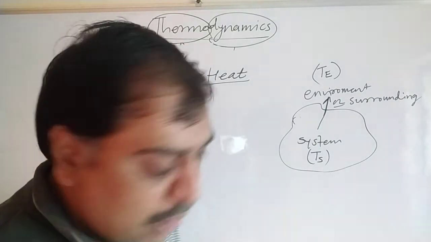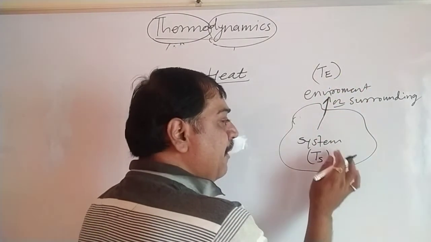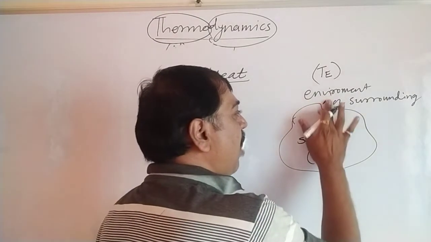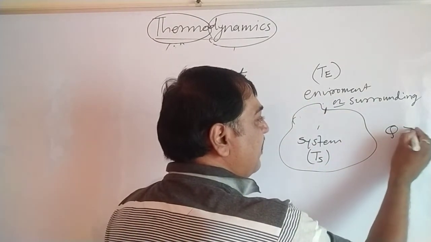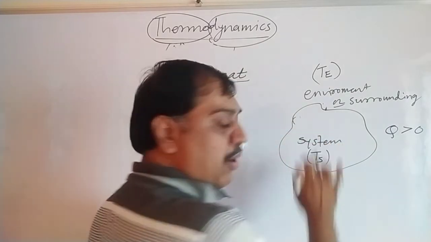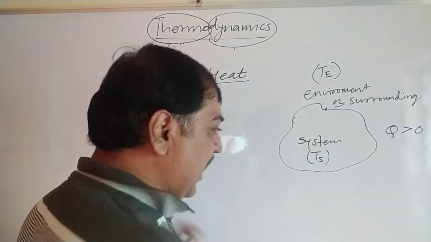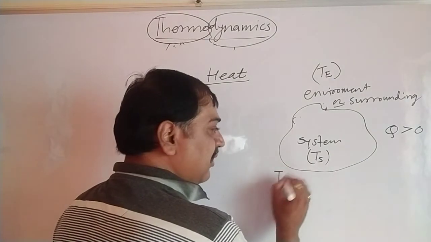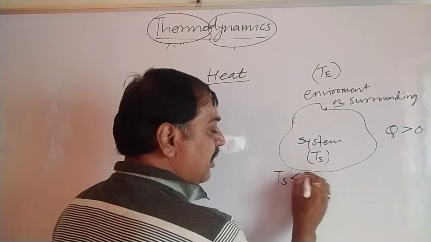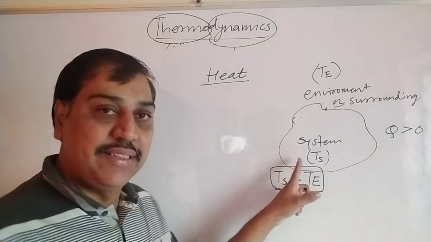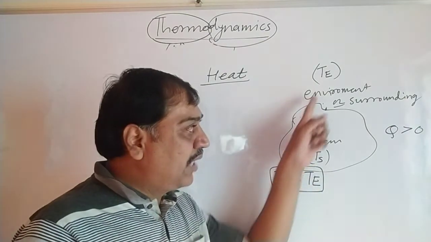So let's start with the environment having a temperature Te and the system having a temperature Ts, and suppose some amount of heat Q is supplied, that is greater than 0, such that initially Ts, the temperature of the system, is less than the temperature of the environment. The system is at a lower temperature than the environment.